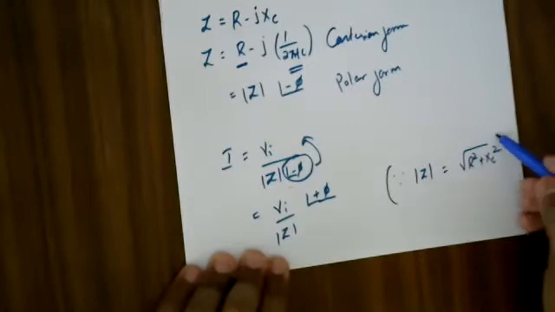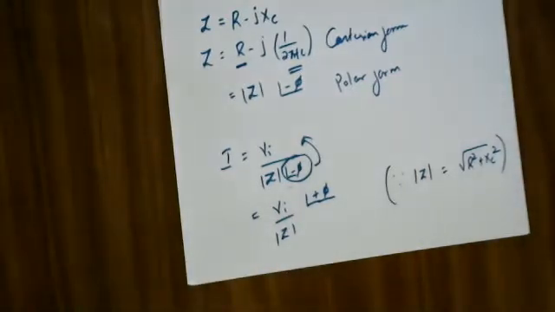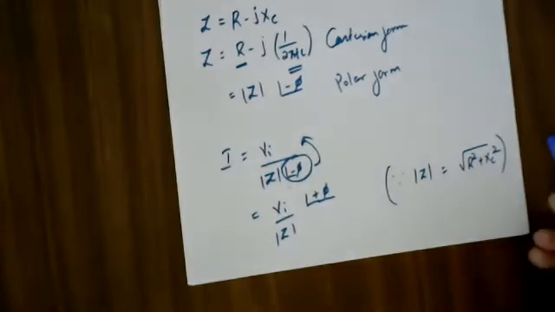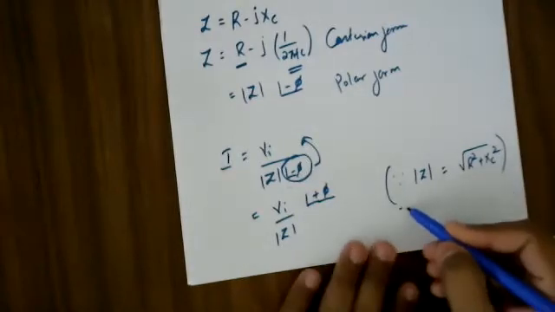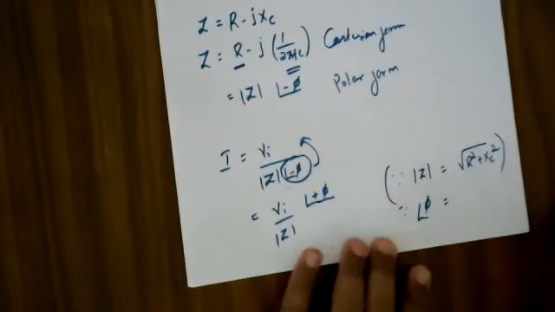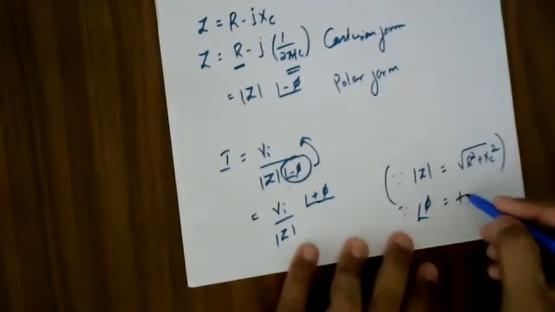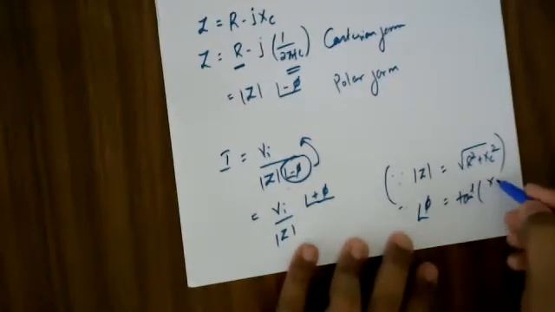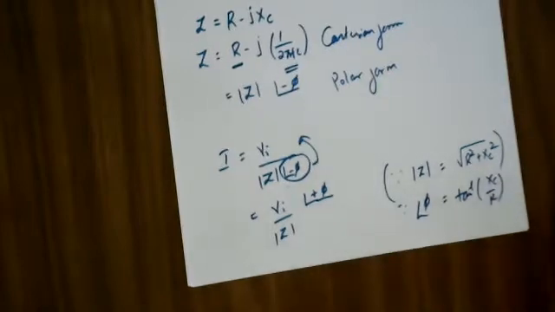I hope people still remember the fundamentals that you studied for single phase circuits during your basic electrical engineering. The same equations apply here, and I also know that the phase angle phi is given by tan inverse of XC by R.